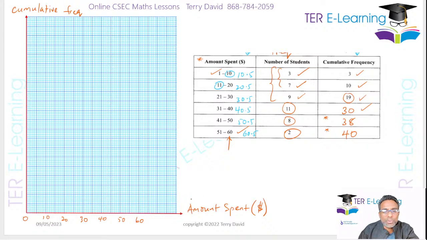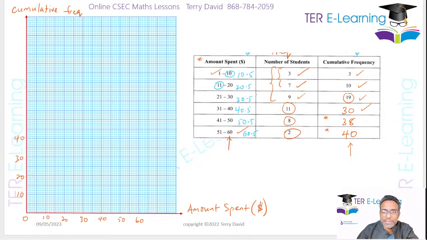That's the amount spent. On the cumulative frequency side, the highest we're going up to is 40. So again, 10, 20, 30, 40. This is a very small graph because we're only going up to 40.